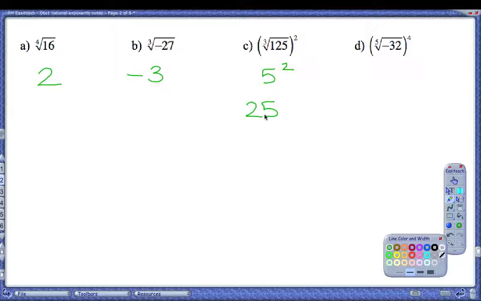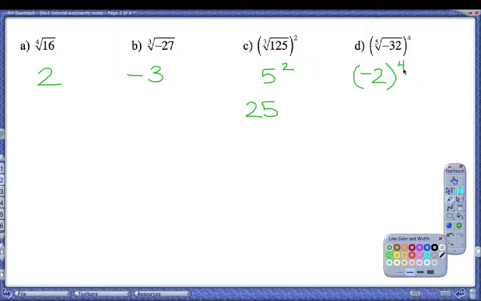Pause your video and give D a shot. Okay, we start with the fifth root of negative 32, which is negative 2. We want to take that to the fourth power. Now, to write it in its mathematically correct form, you have to put the negative 2 in parentheses.